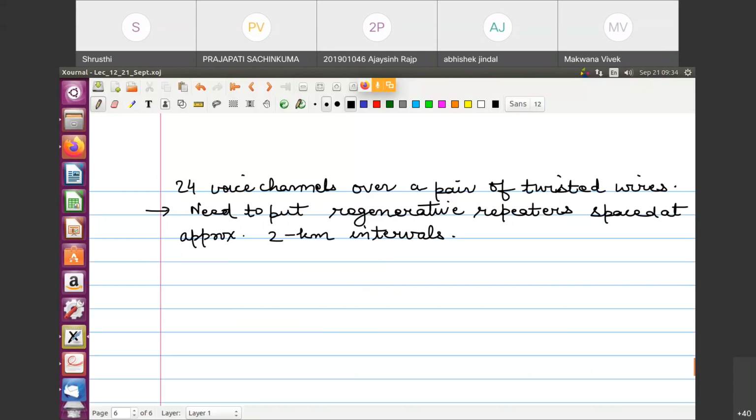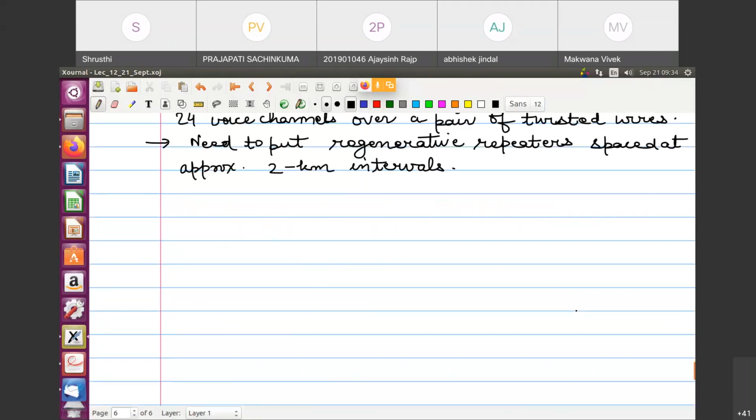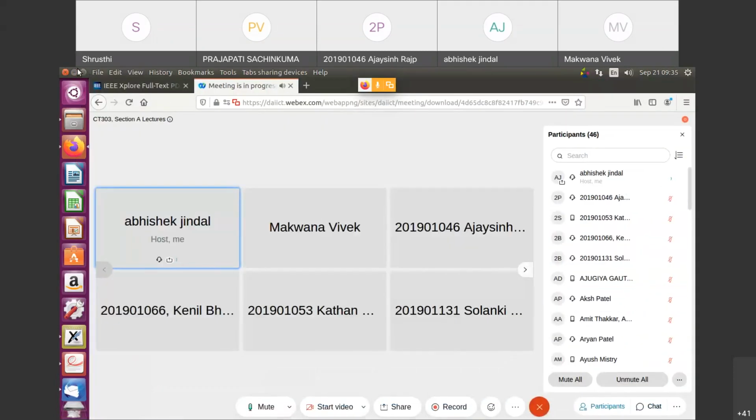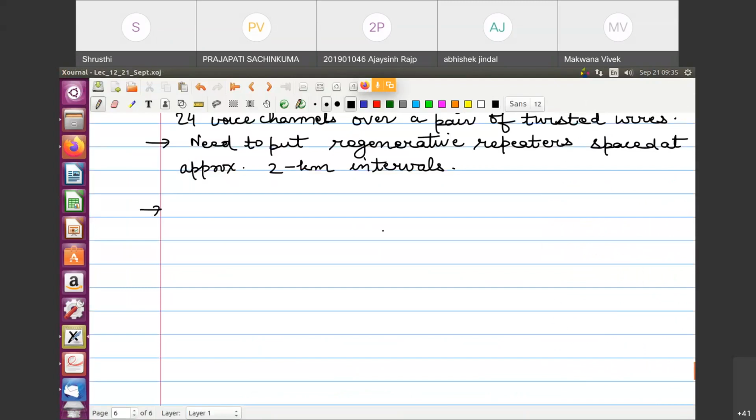So this is a sort of regenerative repeater at that point. I am just describing the T1 system so that over the next few days, those who are reading this course for the exam can go through this system because we have discussed it.